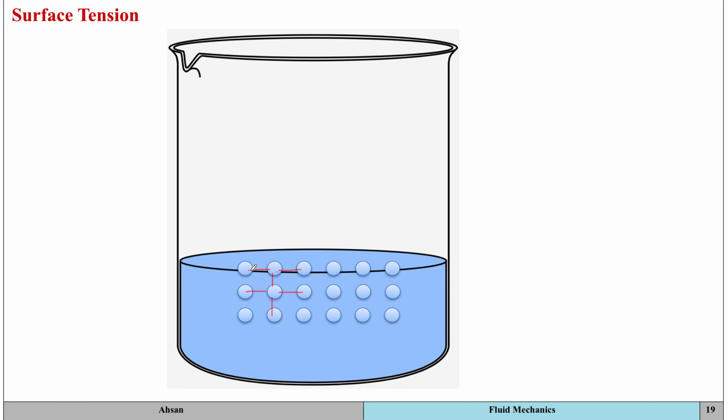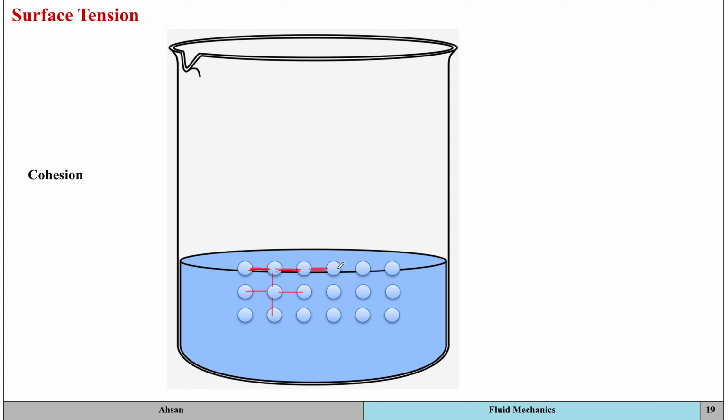Because the forces are not balanced for the molecules at the top, they're going to start developing stronger bonds between each other at the surface. And this is something that is called cohesion.